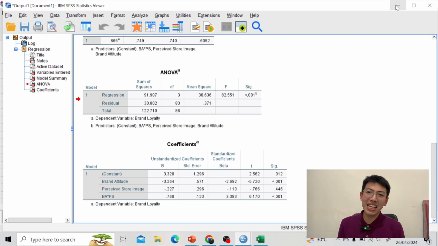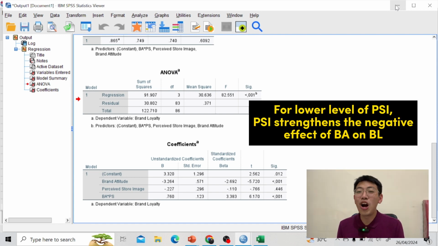In this case, you can see in the beginning minus 3.264, it become minus 4.024. The negative effect is higher. Or in other words, I can say that perceived store image strengthen the negative effect between the brand attitude and brand loyalty. So when you want to interpret the result, you need to use the logic, guys.